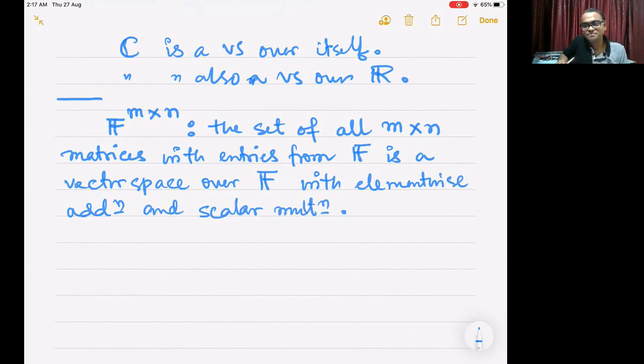Indeed, go ahead and check that all the properties of a vector space will be satisfied by this. So this is also a vector space.